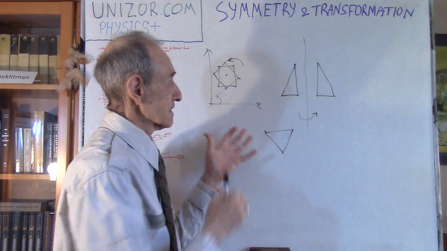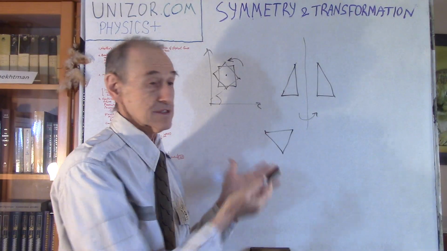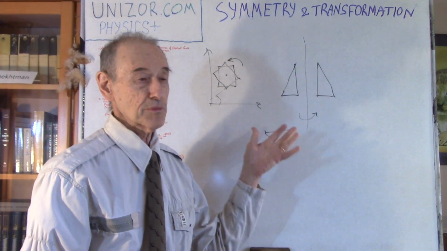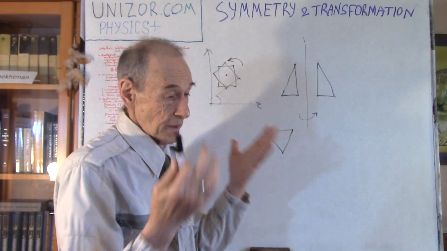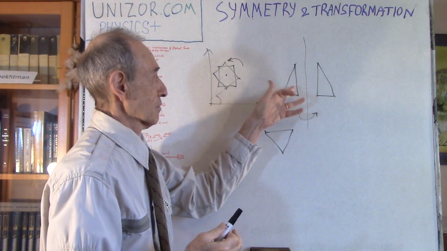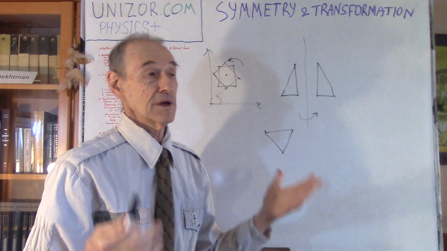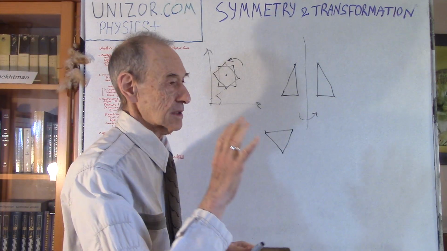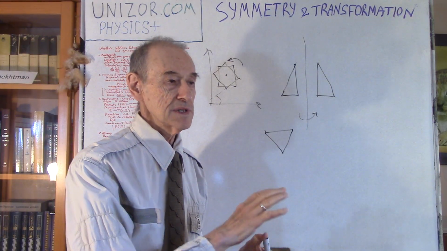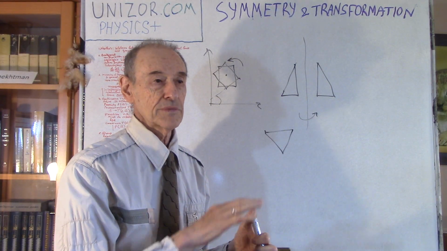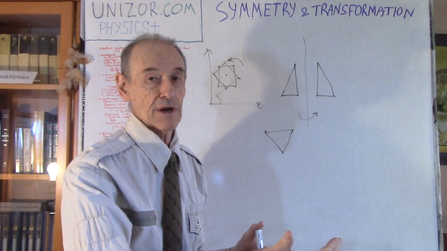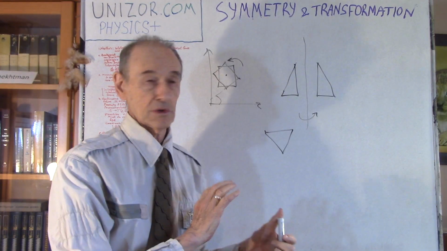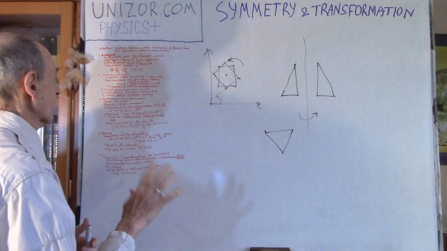I mean, yes, it's changing, but nothing is retained. The sides are different, the area probably is different as well. Although we might consider, for example, a transformation from this to this, which retains the area, maybe, but it's less interesting, let's put it this way. So, again, transformations and symmetries are related. A transformation produces another object which is similar or not similar to the original object. All right? So that's very important.